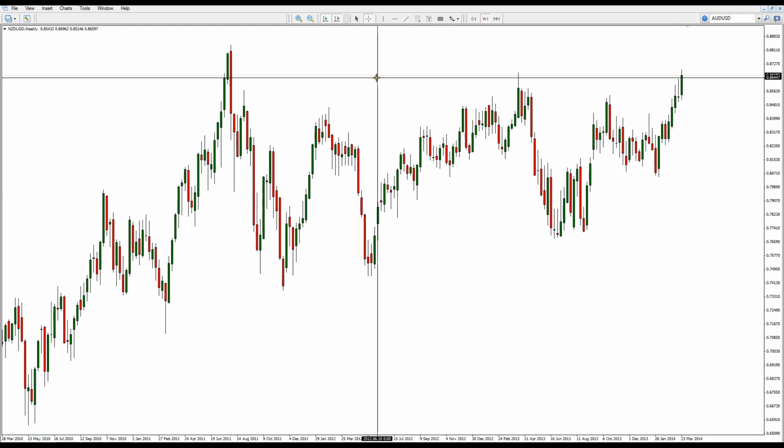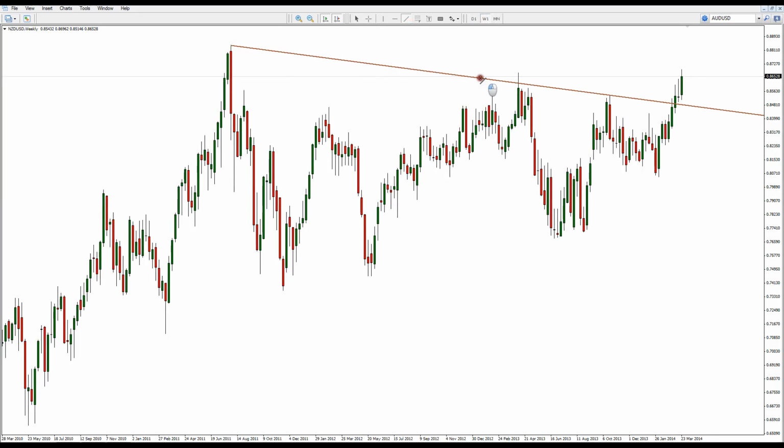We had a very clear information about the price that is able, definitely in this week, to close above the dynamic resistance.